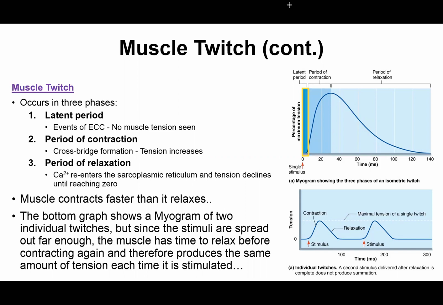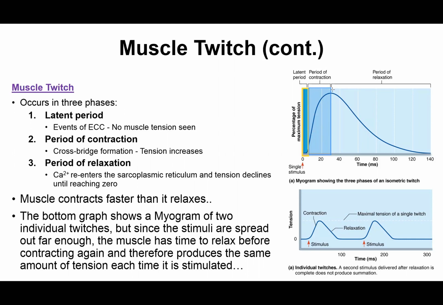The second phase is the contraction phase. And this phase is the phase that corresponds to when we're forming cross bridges, right? And so here's where you're starting to see muscle tension increasing.